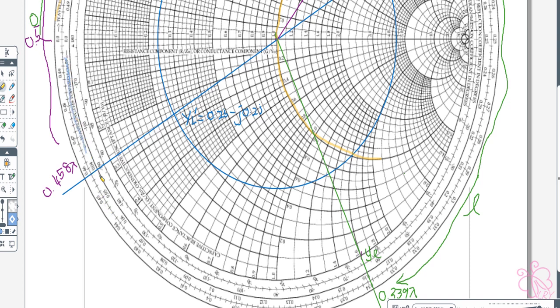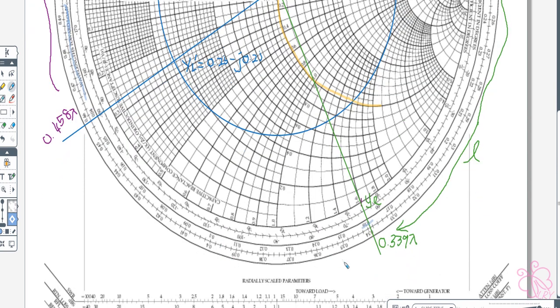So we're going to read our second scale here, somewhere here. 0.17 is here, so this one is 0.16. So it's in the middle, so I will take it as 0.161 lambda.